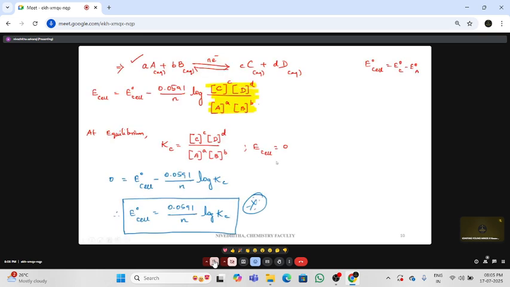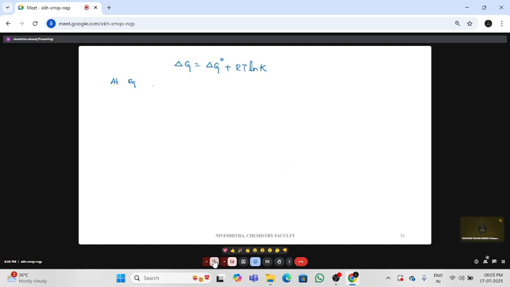Delta G is equal to delta G naught plus RT ln K. At equilibrium, as I've told you, E cell is 0, right? Similarly, at equilibrium, delta G will be 0.